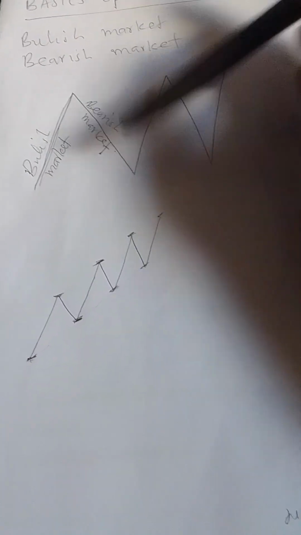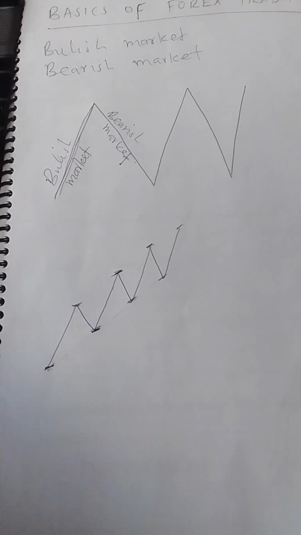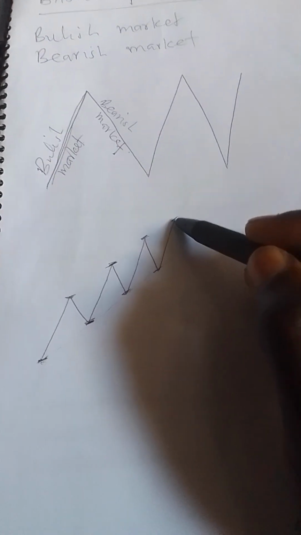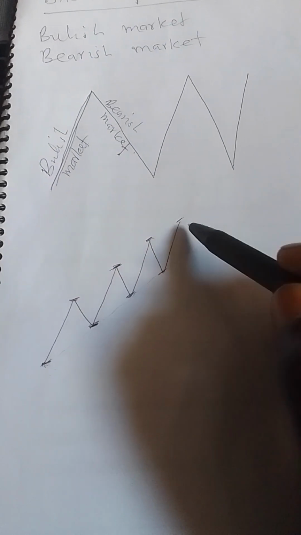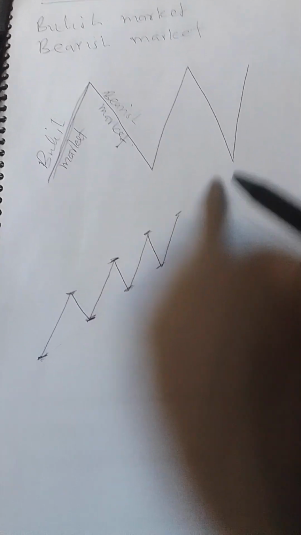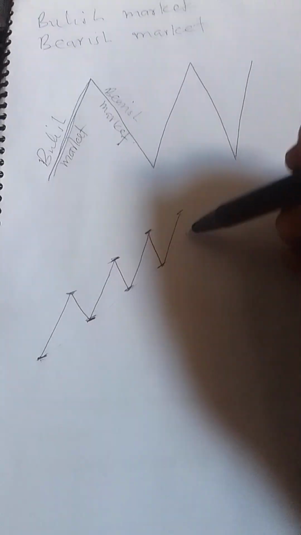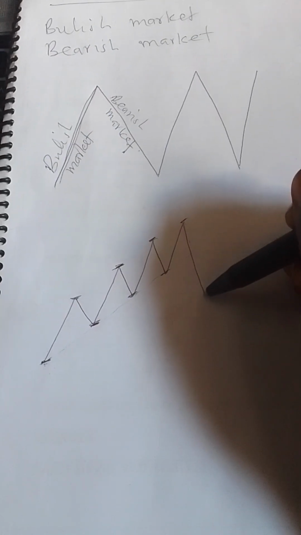Now, for you to know how the bearish market moves, and that the market has started going down and you need to sell, it is when, instead of coming up to here and moving up, it will come and pass this lower.